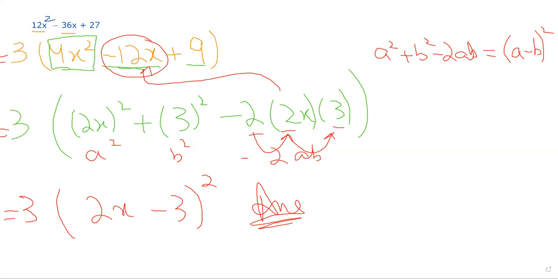Okay, good. So now we are going to solve another type of question for which we require another formula. What is that formula? The formula is a square minus b square. Do you know this formula?